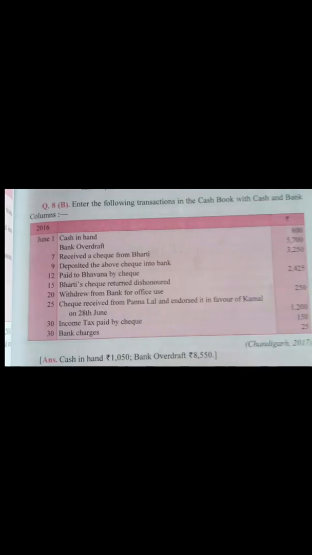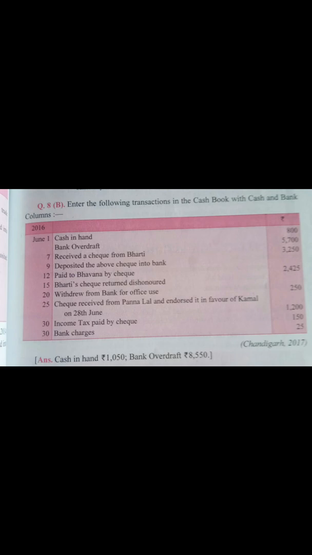The next entry is on 7th June. Received a check from Bharati of rupees 3250. So this entry is not to be done in cash book. We have to pass a journal entry for this, but no entry is to be done in cash book for this. Next entry is on 9th June. Deposited the above check into the bank.